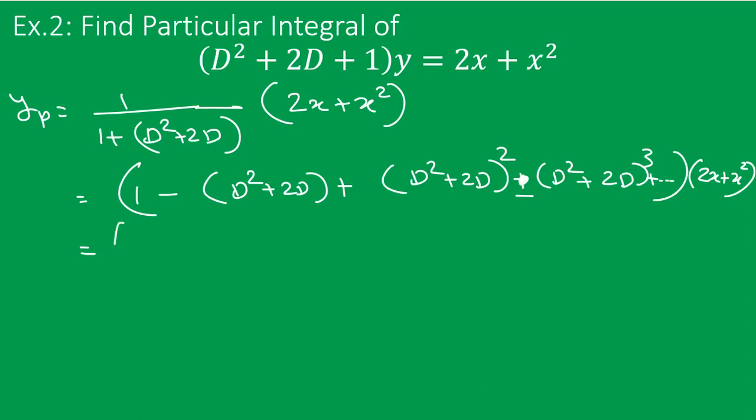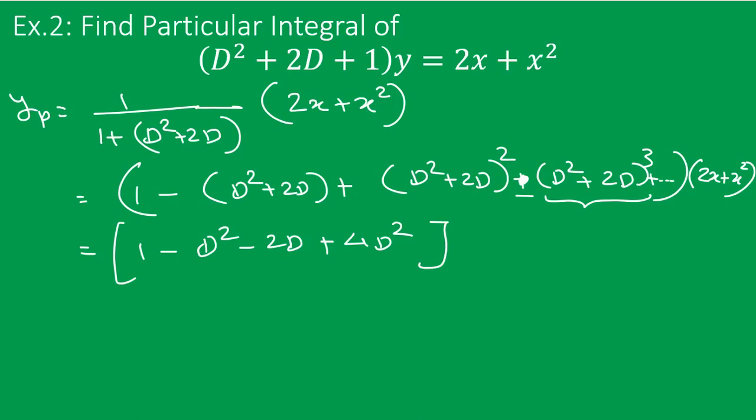So here we will get 1, minus 2d plus, from the second bracket we will require only one term. We are not going to take the square of d square, that will become d raised to 4, that we don't require. Then the square of 2d, that is 4d square, that we can take. The next term will be 4 times d cube, which we don't require. And from the other brackets also we don't require any term, because from this third bracket the minimum power of d will be 3. So that's it.